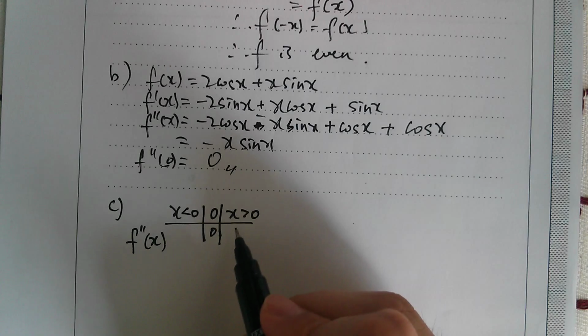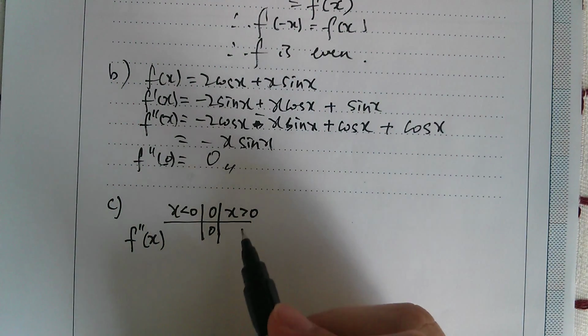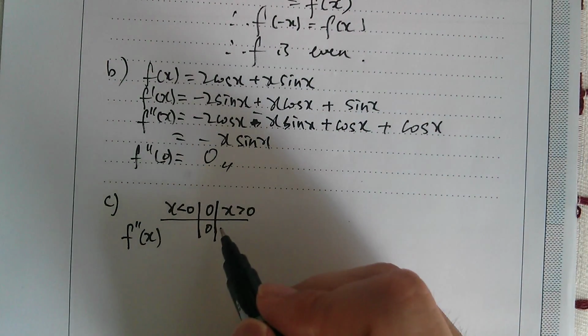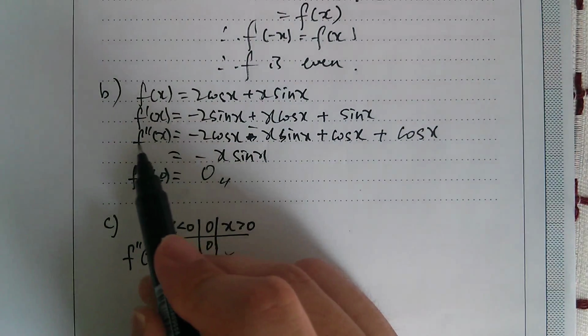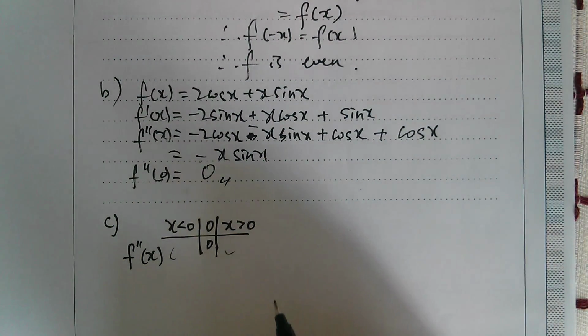So we try maybe 1. You just try something bigger, try something smaller. Then you'll see if there is a sign change.